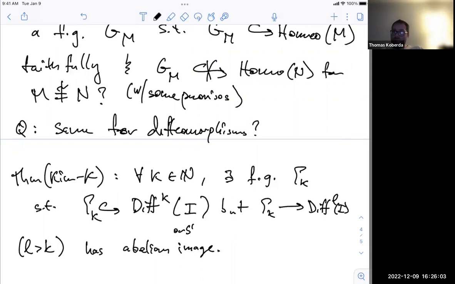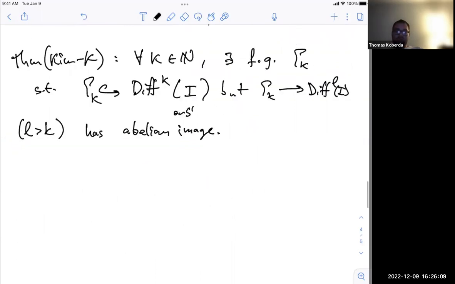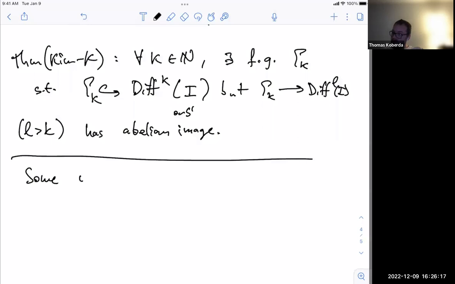Okay, so with that, maybe I'll say a few words about how one might approach a problem like this. Some indications of the proof.